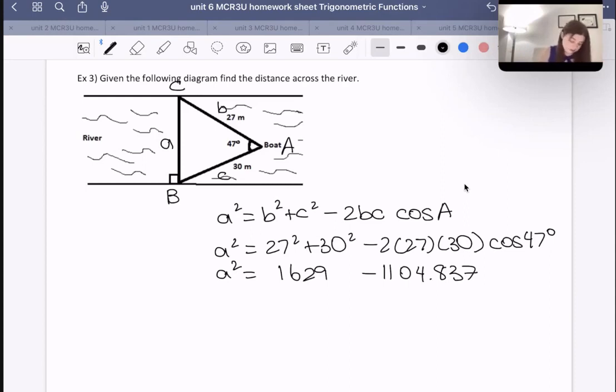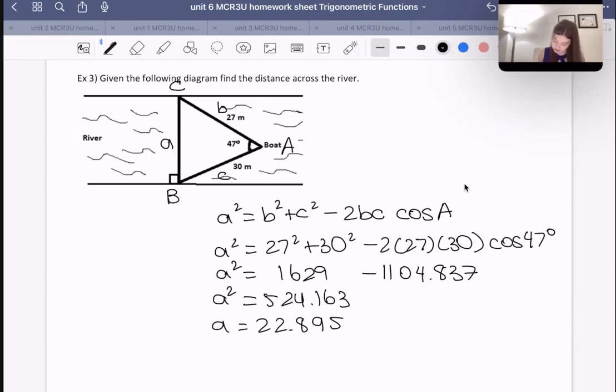So 1,629 minus 1104.837 is equal to 524.163. And if we take the square root of both sides, we get 22.895.